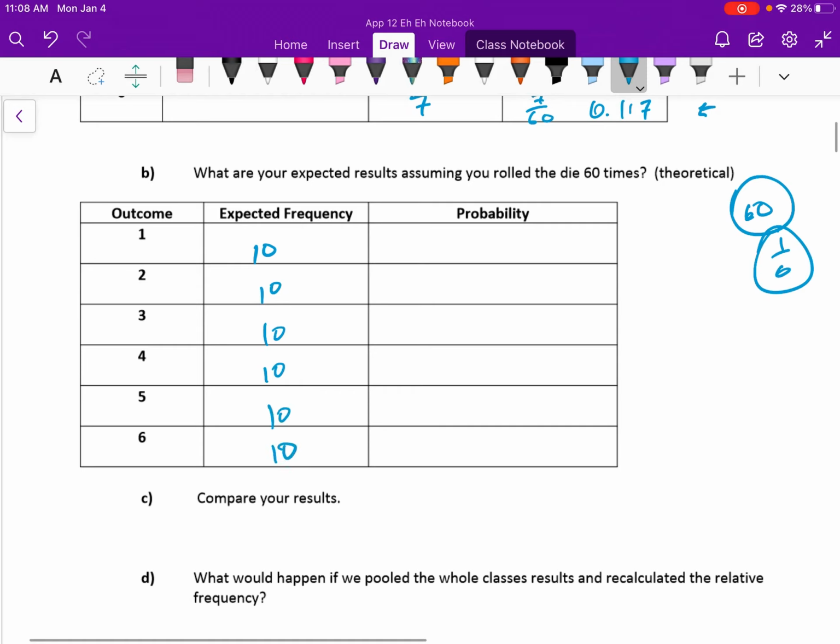Now, that's just the expected amount, right? Because 1 in 6 is equal to 10 out of 60. So I'm going to expect to roll each of these outcomes 10 times. And the probability there is 0.167. And it's going to be the same for all of them. And I guess I shouldn't write that, but hey, I'm almost done.